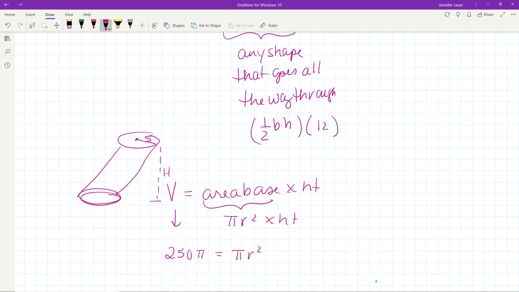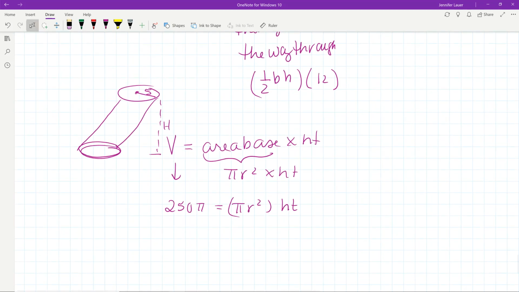Now notice what I'm doing. I'm filling in, substitution-wise, what belongs where. Well, the volume was given to us. We don't have to calculate the volume on this. This time we have to calculate the height, because we know that our radius is 5.